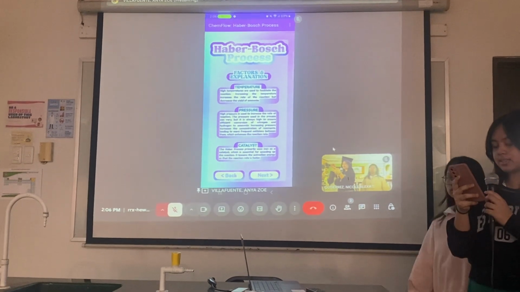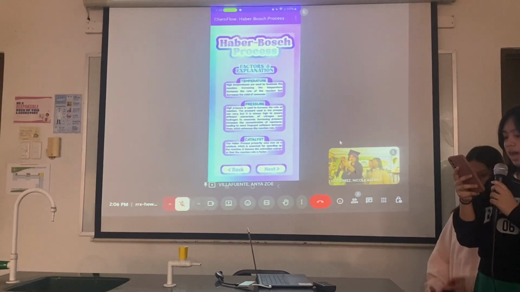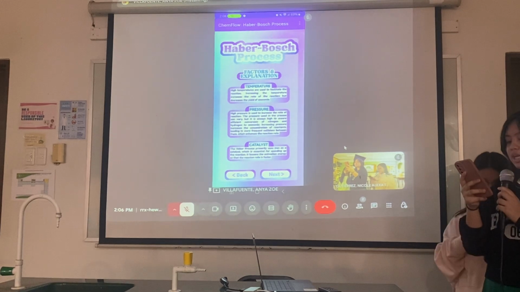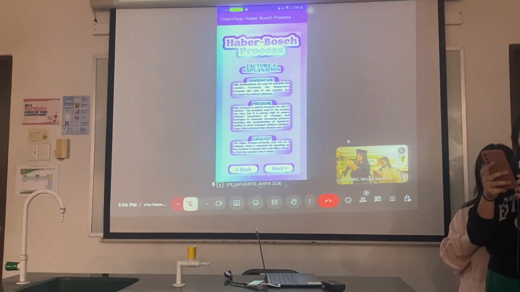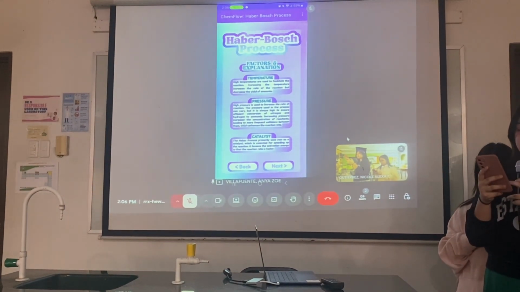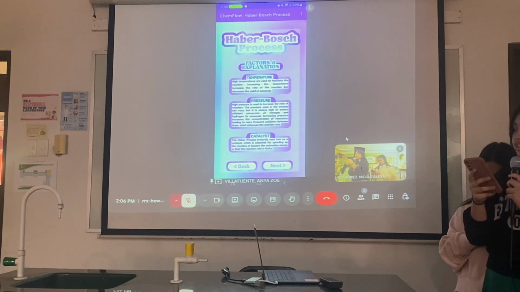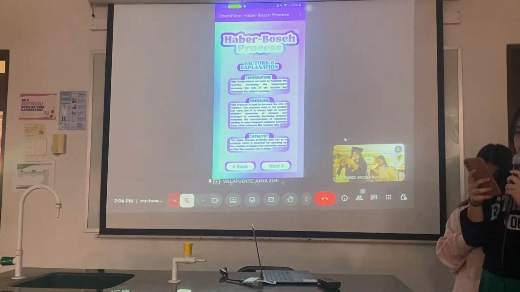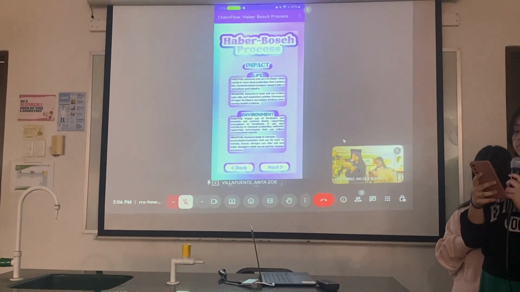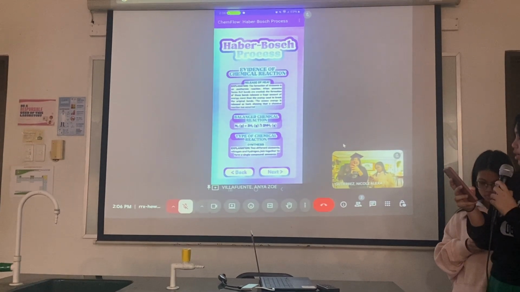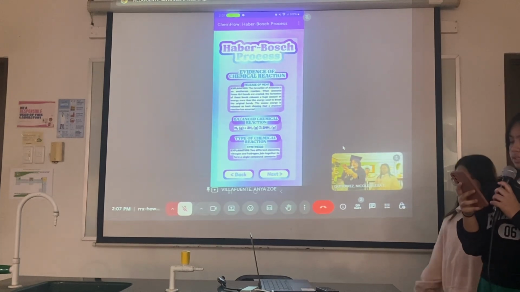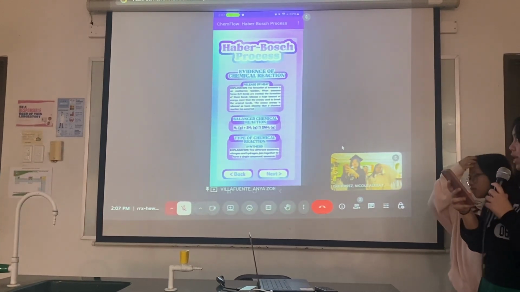Lastly, we have catalysts. The Haber process primarily uses iron as a catalyst, which is essential for speeding up the reaction. A catalyst speeds the reaction up by lessening the activation energy so that the reaction rate is faster. This can be seen in the chemical reaction where there is the element symbol of iron above the arrow.